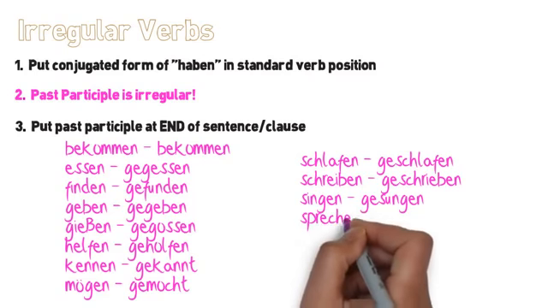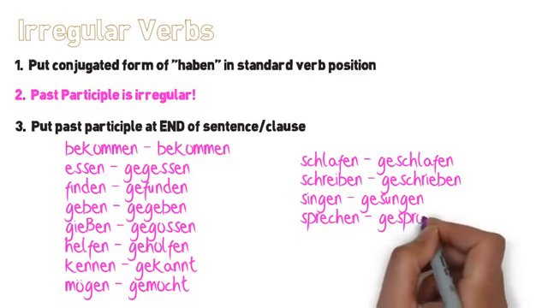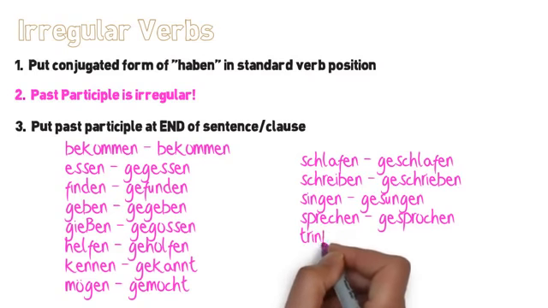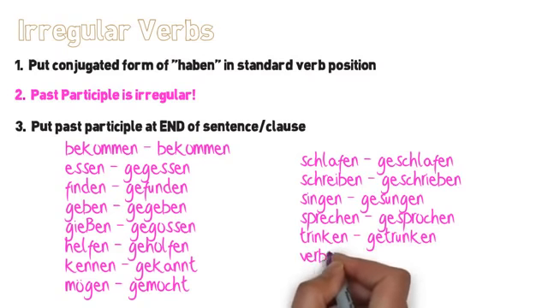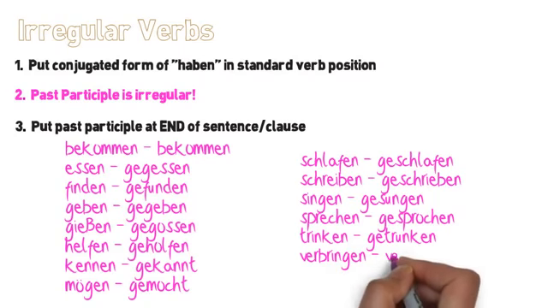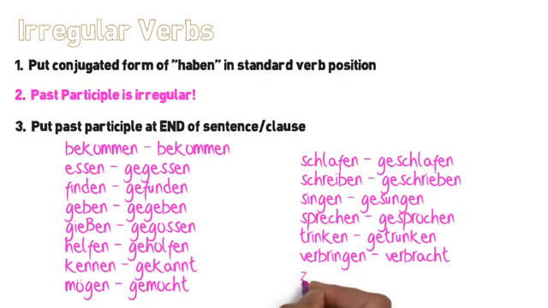Sprechen becomes gesprochen. Trinken goes to getrunken. Verbringen, as in to spend time, becomes verbracht. And ziehen, like in anziehen, becomes gezogen.